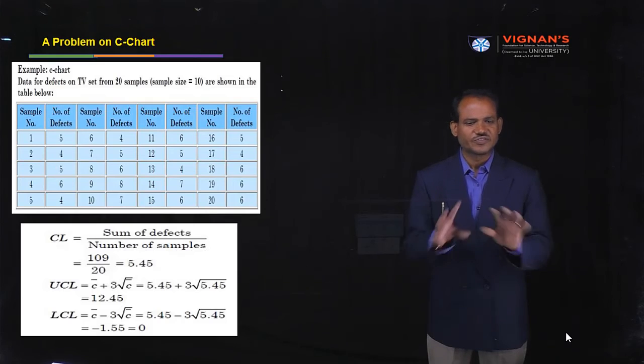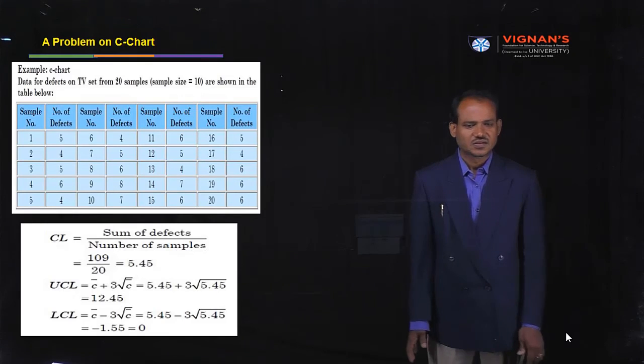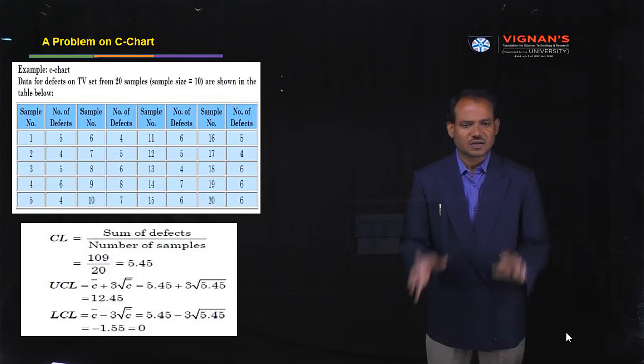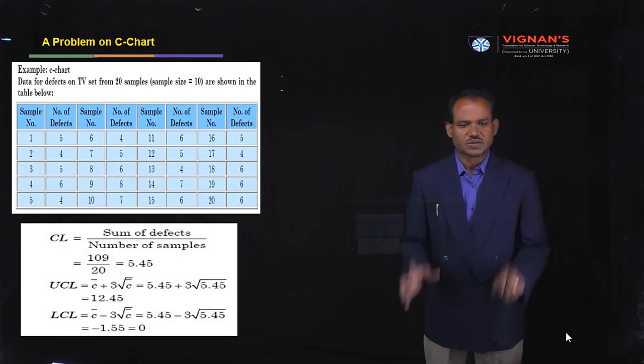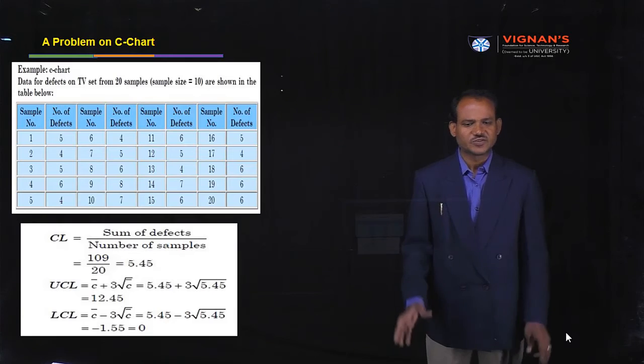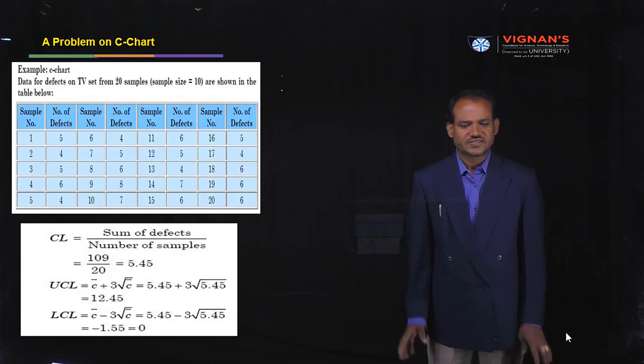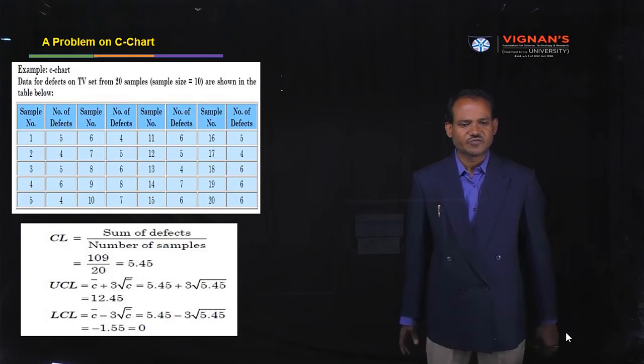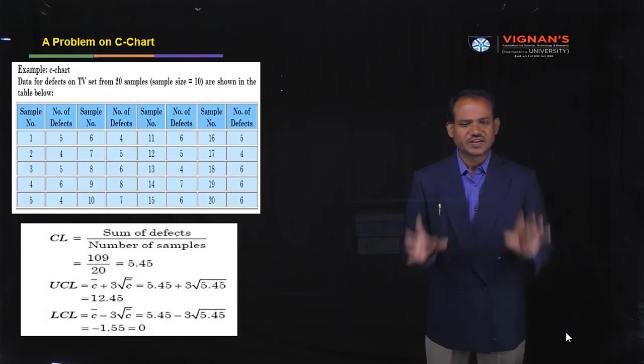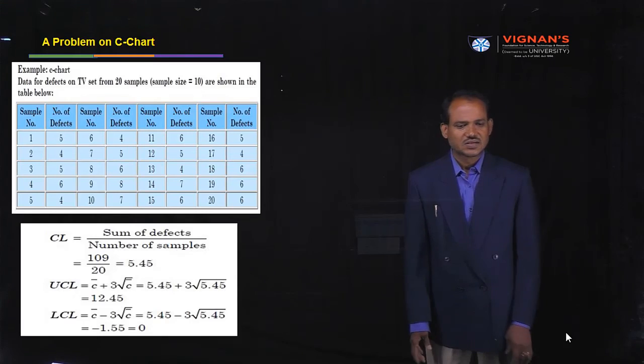Because negative defects are not there. All our defects are 0 defects. Minimum value should be 0, not minus. There is no question of negative value. LCL is equal to 0. After knowing this information, we can easily construct C chart.